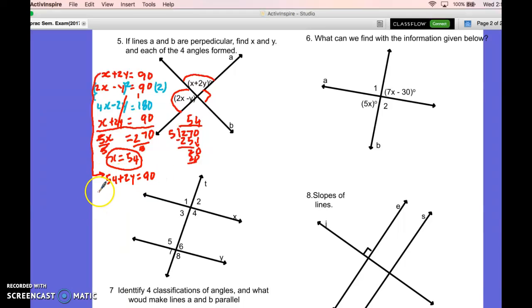And that's the way you'd be able to find the y. Subtract 54 from both sides. When you do, you get 2y is equal to 90 take away 54, which is 36.